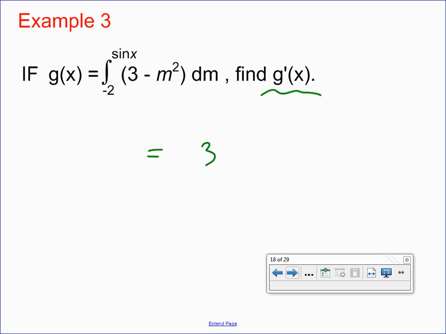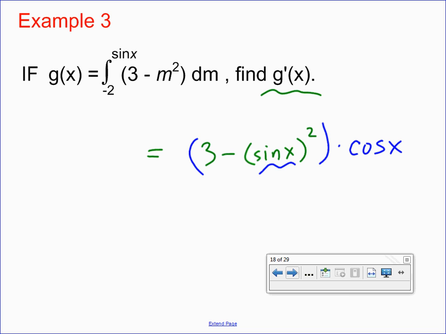So this would be 3 minus sine of x squared. Everybody see it? There's my 3 minus t squared, but evaluated at the upper limit. And then what? Times the derivative of my upper limit. So I get 3 minus sine squared x quantity times what? What's the derivative of sine of x? It's that easy.